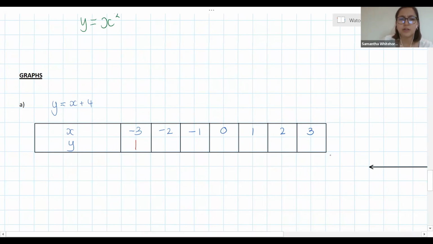The output for -2 is 2. Excellent, well done. Tato, for -1. Ma'am, the answer is 3. Excellent, well done. Spiwe, output for 0.